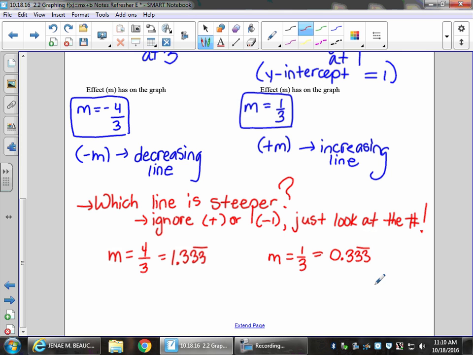Which is bigger? The left or the right? Bigger number. Steeper. So remember that positive and negative just affects if the graph increases or decreases.